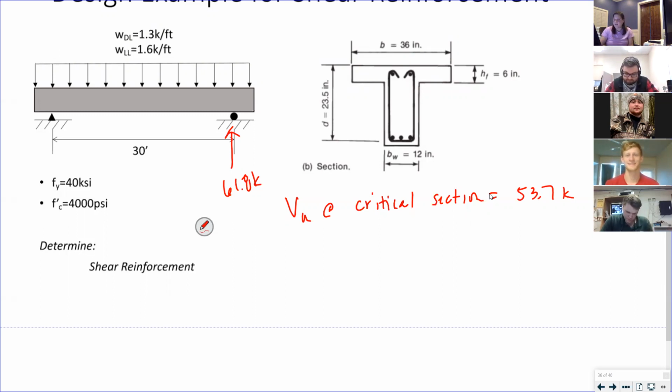At that critical section, I have my VC, and I need 35.9.